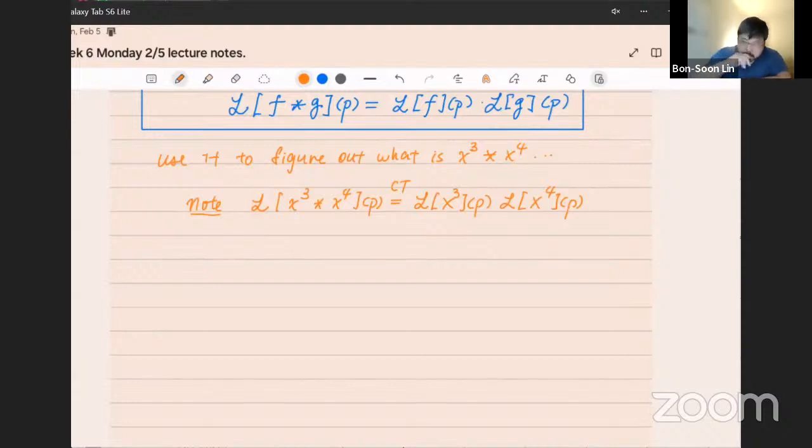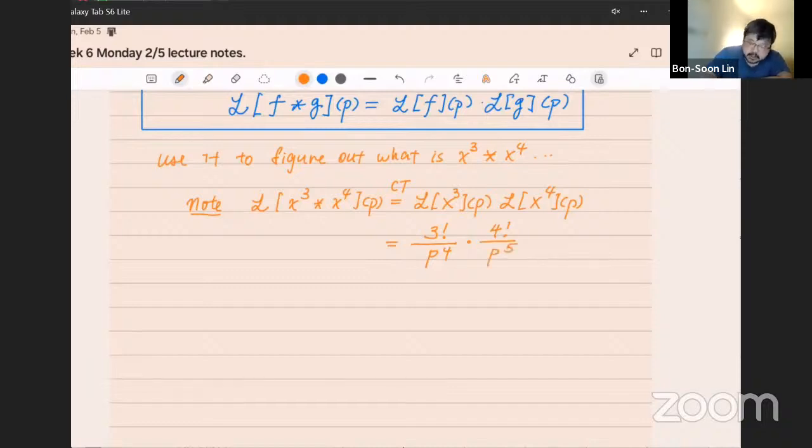Now, we know the Laplace transform of x cubed and the Laplace transform of x to the fourth. The Laplace transform of x cubed is what? If you can type into the chat, hopefully you remember. X cubed has a transform of 3 factorial over p to the fourth, times the Laplace transform of x to the fourth, which is 4 factorial over p to the fifth.